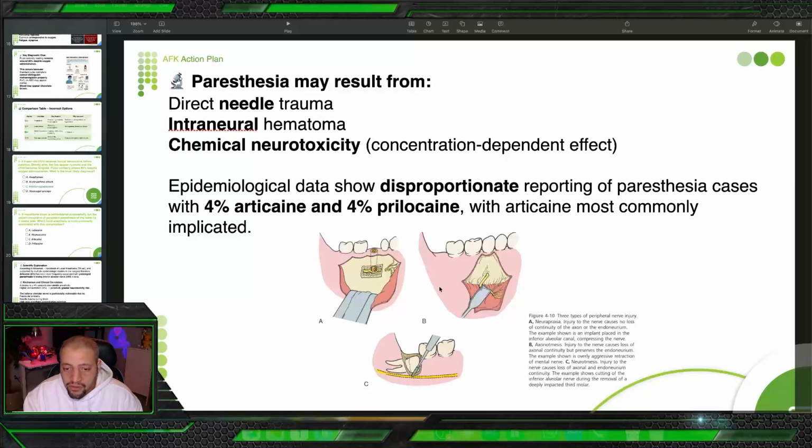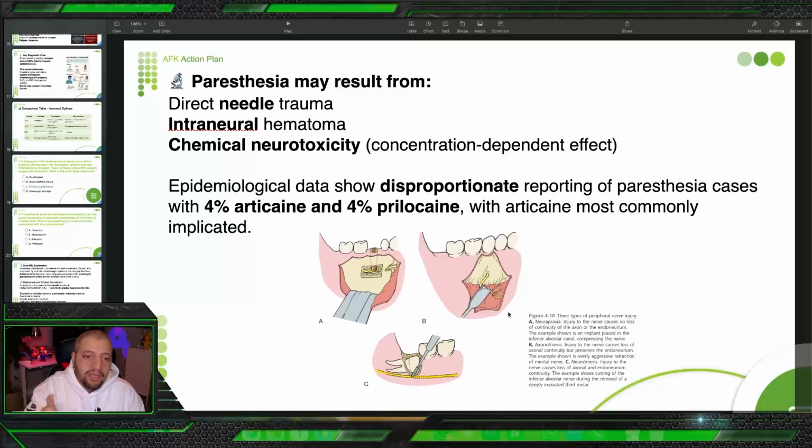This is a different topic, but just to understand the concept: the nerve ends up with paresthesia either because you touched it, or because you have a swelling, a hematoma close to it, or a toxicity from this strong anesthetic very close to the nerve. These three have names: neuropraxia, axonotmesis, and neurotmesis. You should understand the difference between the three and which one has a better prognosis.